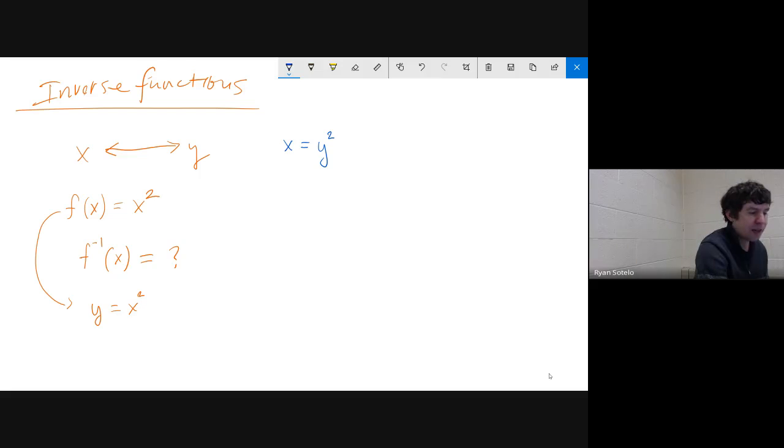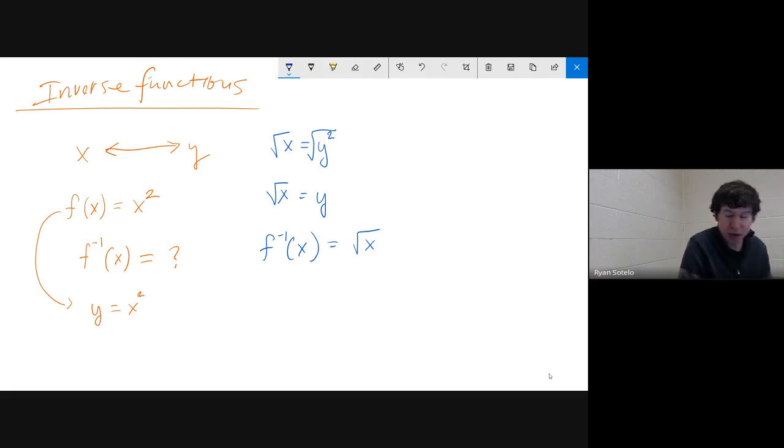And now if I solve this new statement for y, which I can do by taking the square root of both sides, I will get that y is equal to the square root of x. And that would be my inverse function. That's one way you can find it. If you have the expression, you can just swap the x's and the y's and then get y by itself again. That'll get you your inverse function.